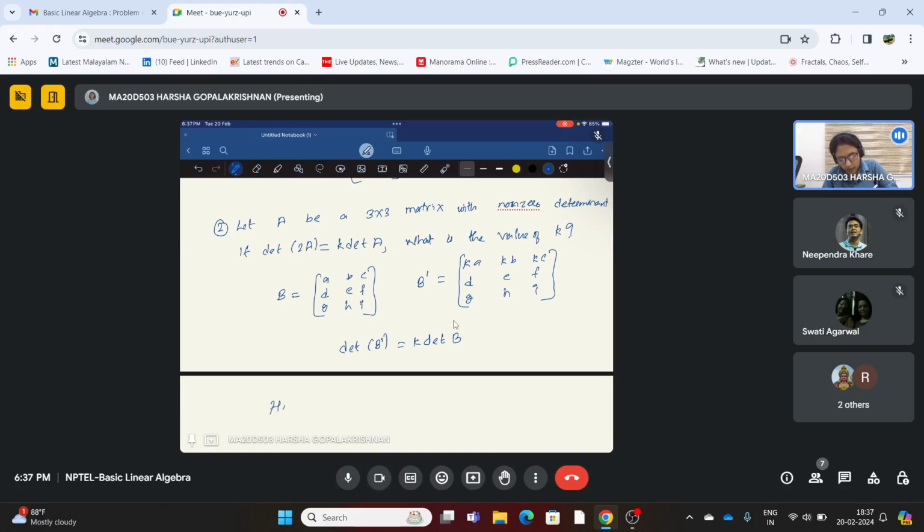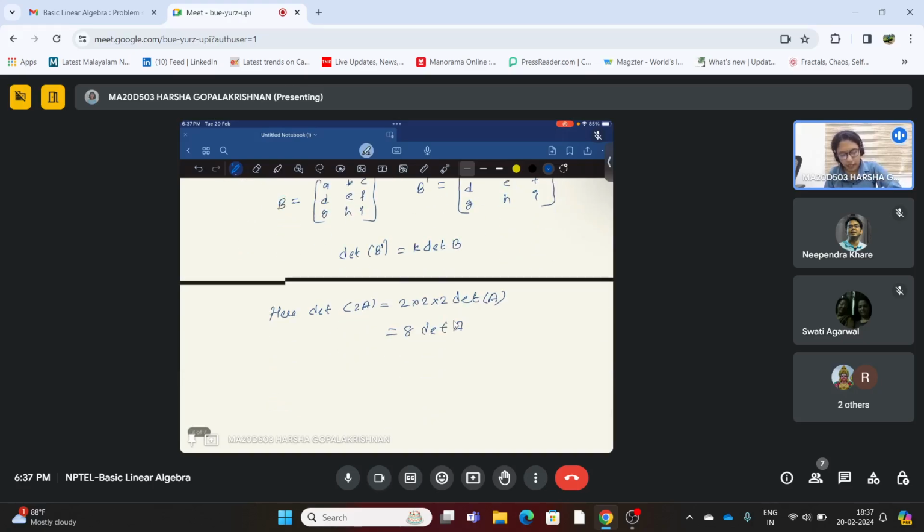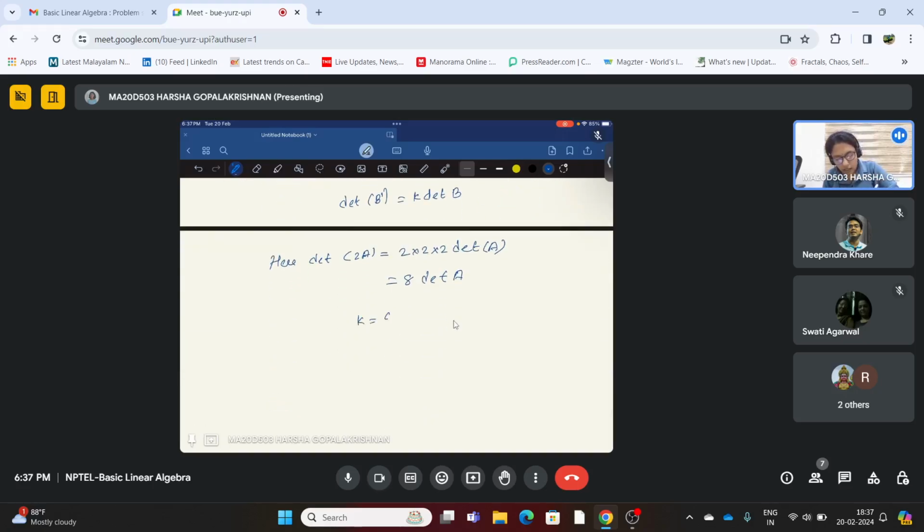So here determinant of 2A should be 2 into 2 into 2 into determinant of A. So that is 8 times determinant of A. So the value of k should be 8. So this is just a property of the determinant. If one row is multiplied, the determinant is multiplied k times. Okay.